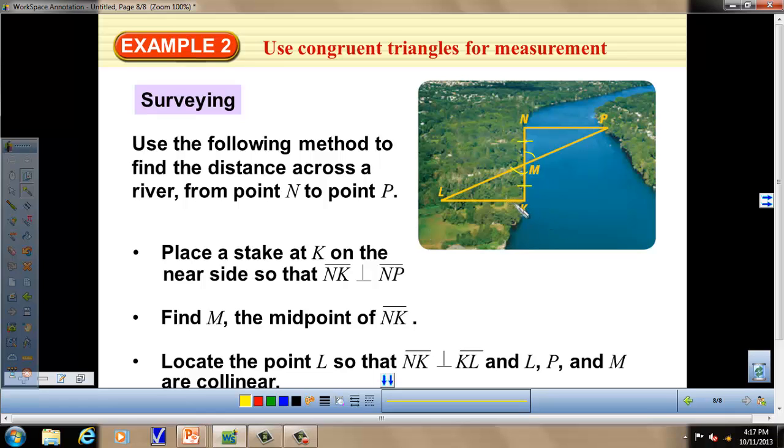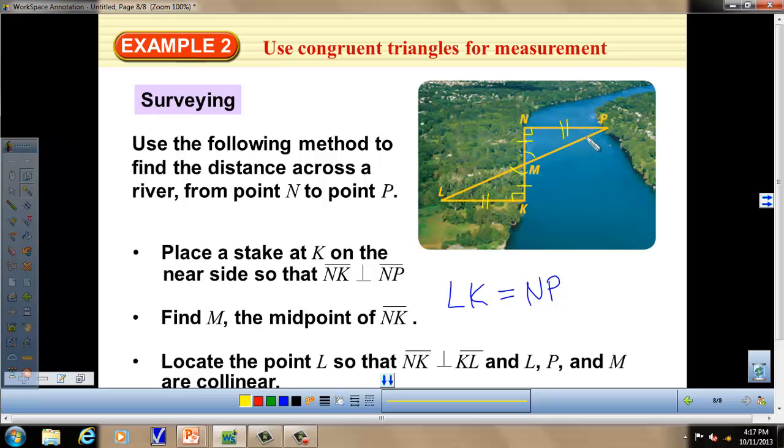And then this is a 90-degree angle, and that's a 90-degree angle. So by angle side angle, these two triangles are congruent. That means that LK is equal to NP by CPCTC. So this length right here, which we can measure very easily, is going to be equal to NP, the measurement that we cannot measure.